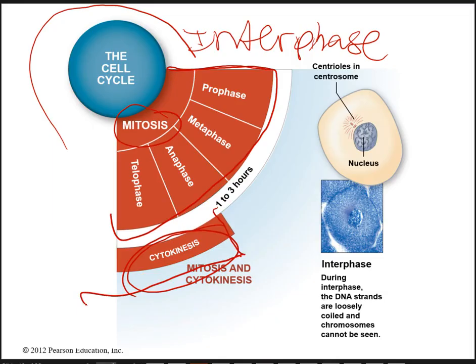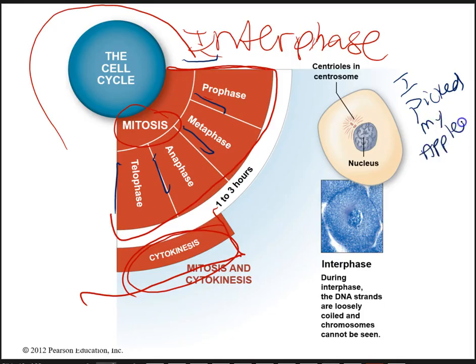I do want you guys to be able to name these phases in order, right? So interphase, prophase, metaphase, anaphase, telophase. The saying, the acronym I use to remember that is: I picked my apples today.